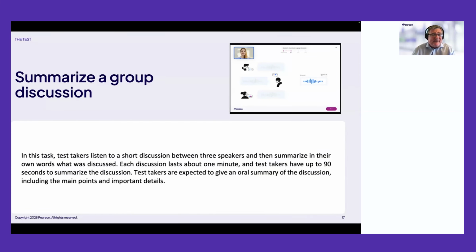So in this particular question, they hear a discussion between three people, and they have to listen carefully to that discussion and get the overall ideas and some of the main ideas. So it's primarily gist that they're focused on. They're picking out the main details that the three speakers say, and then they have to summarize that in their own words. So quite a demanding task in some ways.